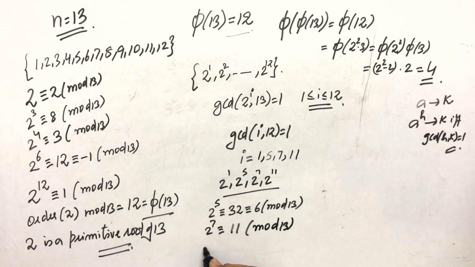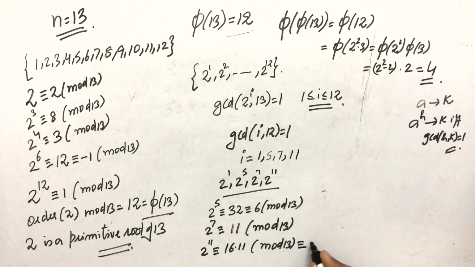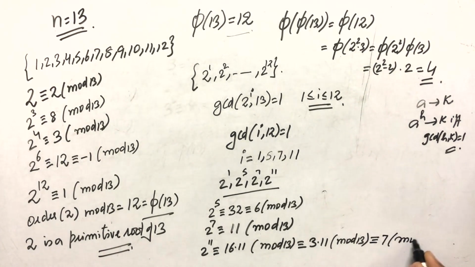Next is 2 power 11, means we are multiplying by 2 power 4. 2 power 4 means 16, so it is 16 times 11 modulo 13, which is further 16 modulo 13, 3 times 11 mod 13, and this is 33. 33 mod 13 is 7 mod 13.